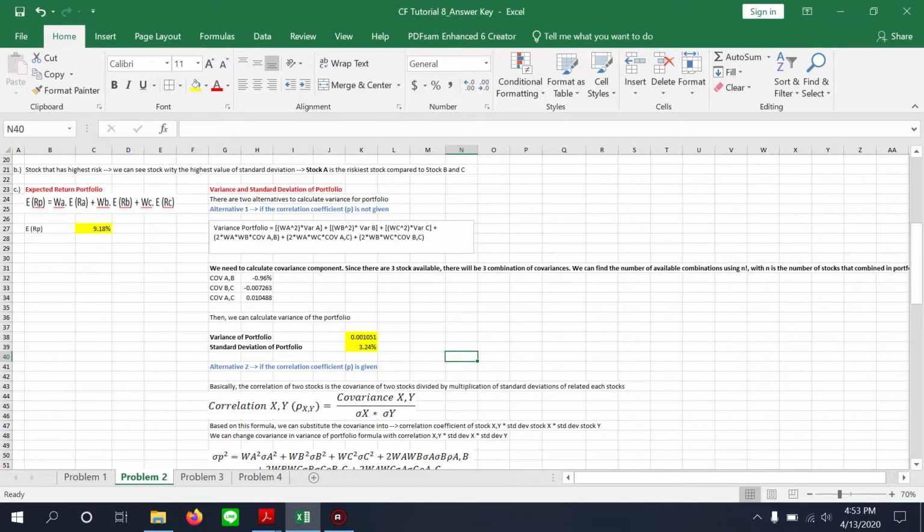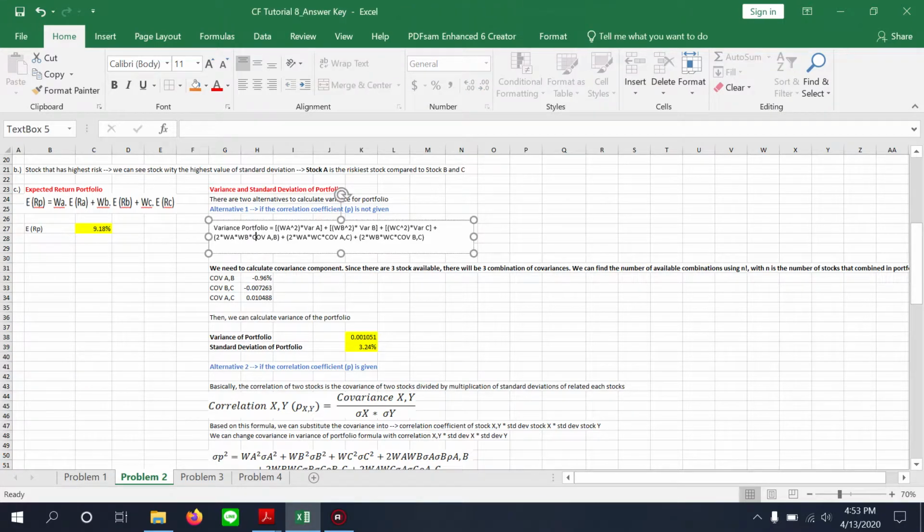As you can see, the formula is weight of A squared times variance of A, plus weight of B squared times variance of B, plus 2 times weight of A times weight of B times the covariance. You can follow the formula and then you find the covariance.